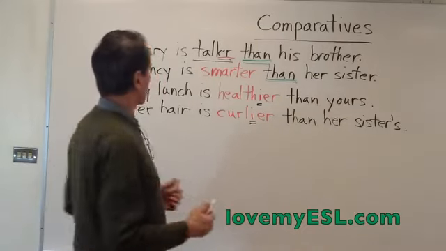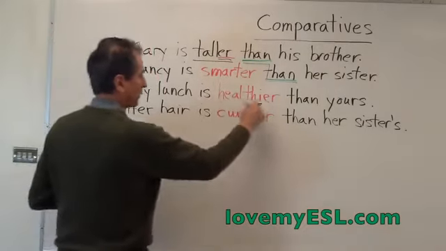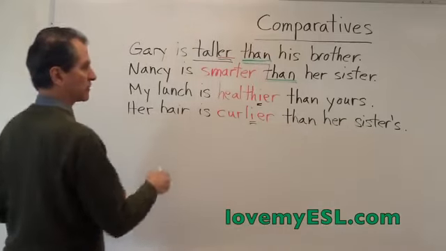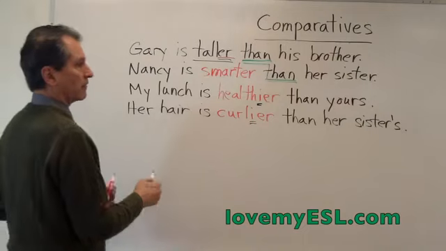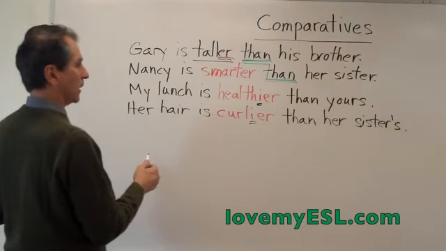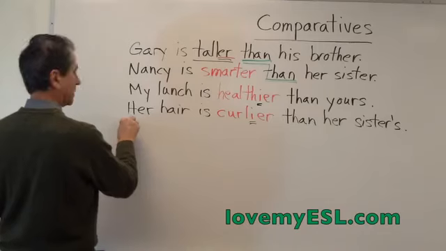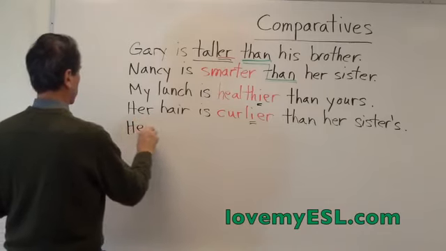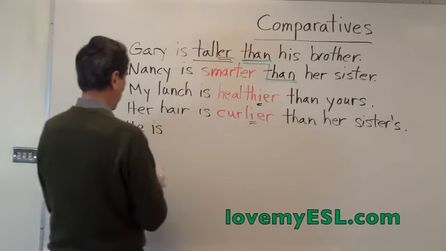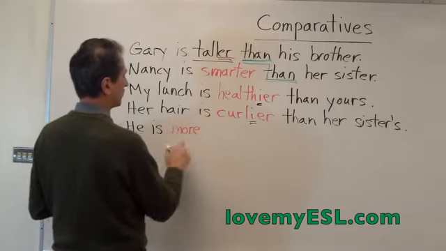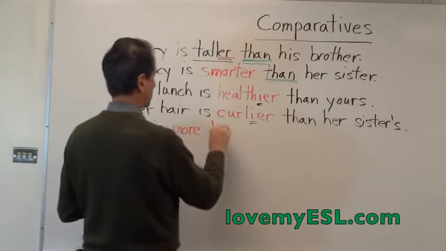Now, other two-syllable words, because I started here, healthy is actually a two-syllable word. Let's look at some other two-syllable words. For example, if I say he is more thankful. So what I do when I have two-syllable words is I'm going to put the word more in front of it.